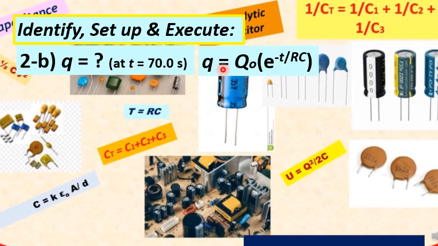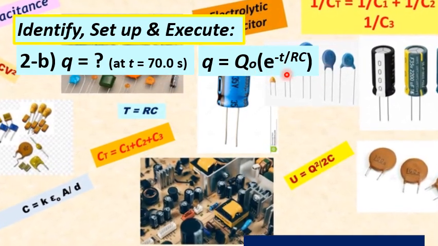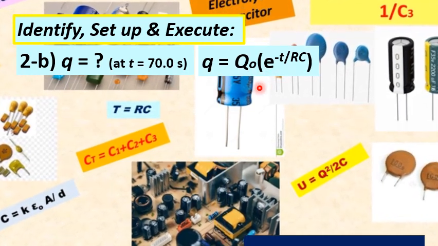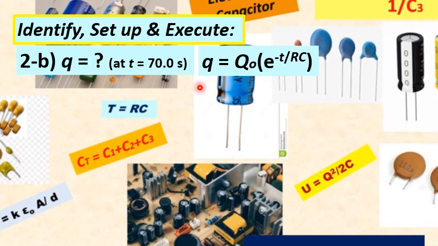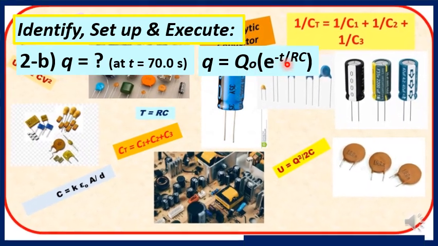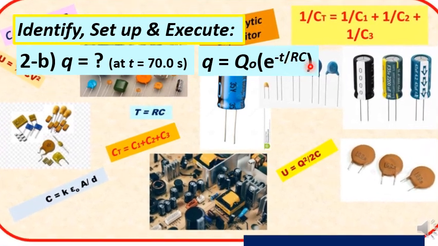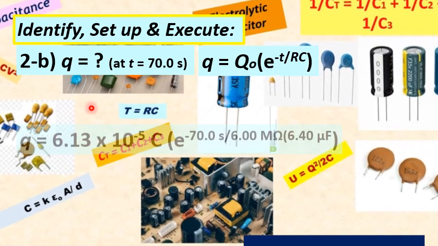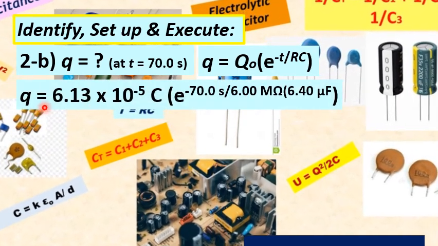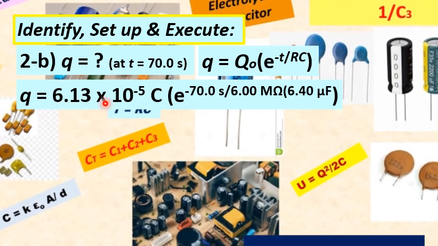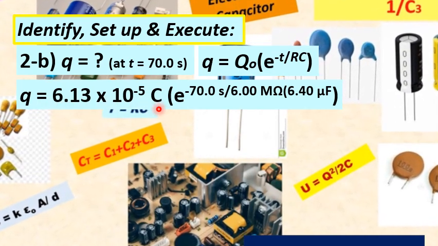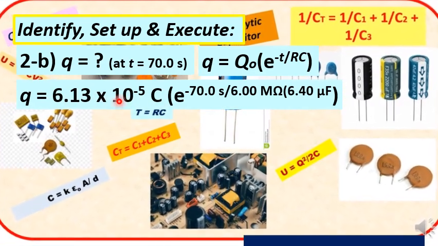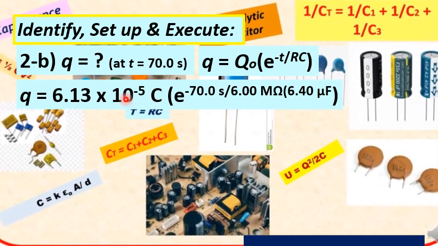Take note, this is the required formula for finding the remaining charge small q on the capacitor while discharging for a given time small letter t. So, plugging in the data, we get small letter q equals 6.13 times 10 to the negative 5 coulomb, the same charge that we got in question letter A earlier.